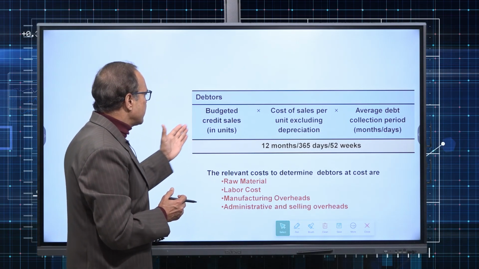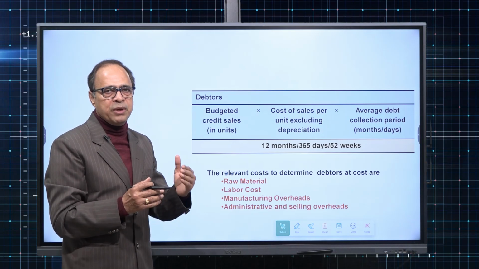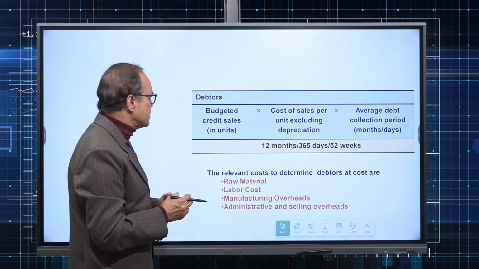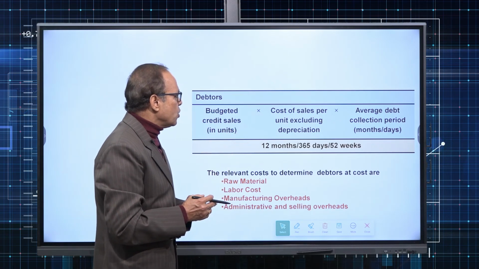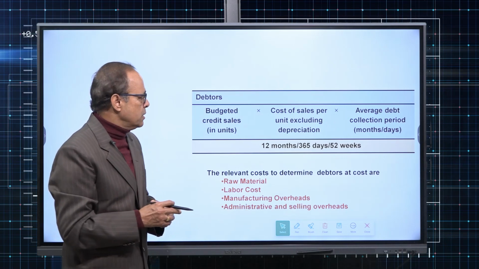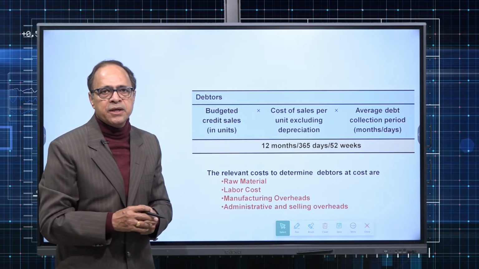Now, budgeted credit sales, because debtors originate from credit sales. The moment we sell on credit, debtors will originate. So, budgeted credit sales multiplied by cost of sales per unit excluding depreciation, so cash cost, times the average debt collection period.